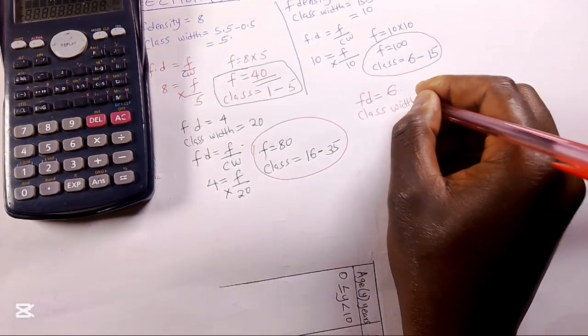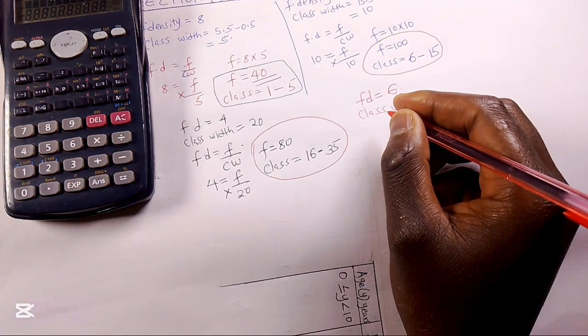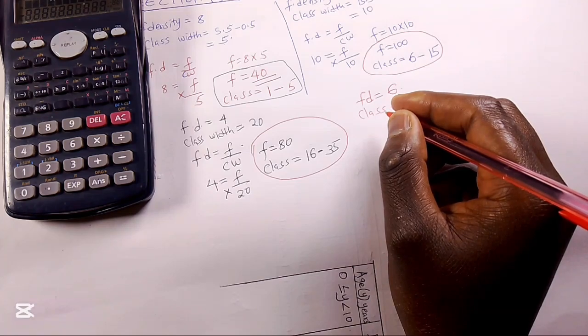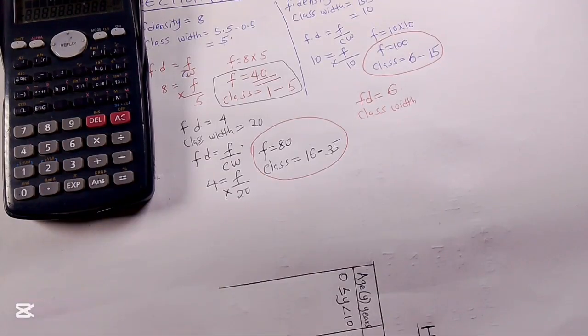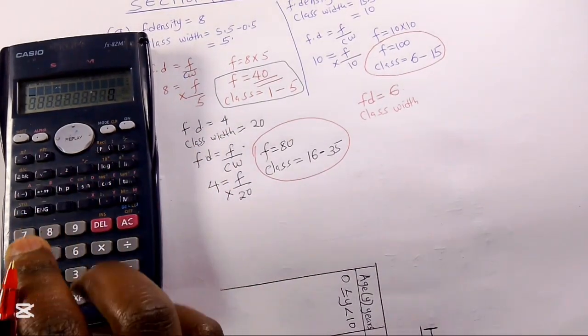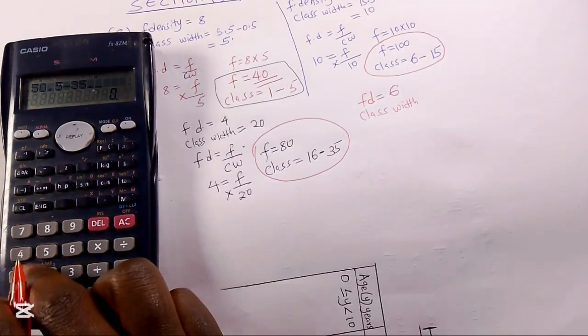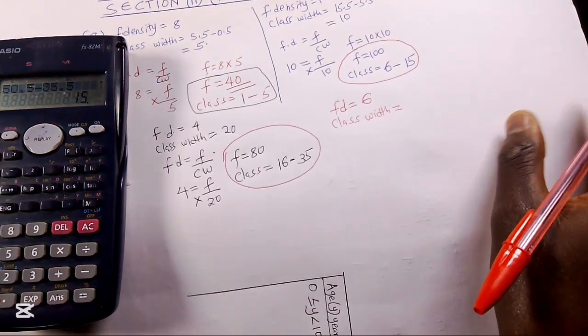Our class width is equal to 50.5 minus 35.5, that is 15. Our class width is equal to 15.